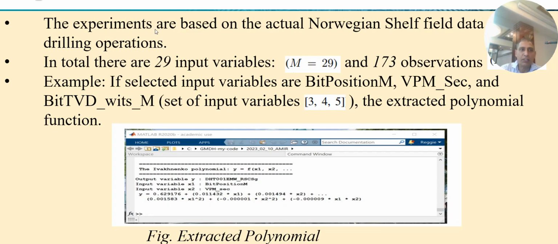Here is an experiment as an example. In this experiment, from the 29 input variables we randomly chose three variables: the bit position, where the bit is in the hole, the velocity of the pipe in the hole, and the bit true vertical depth, how far it is in the vertical with reference to the seabed.